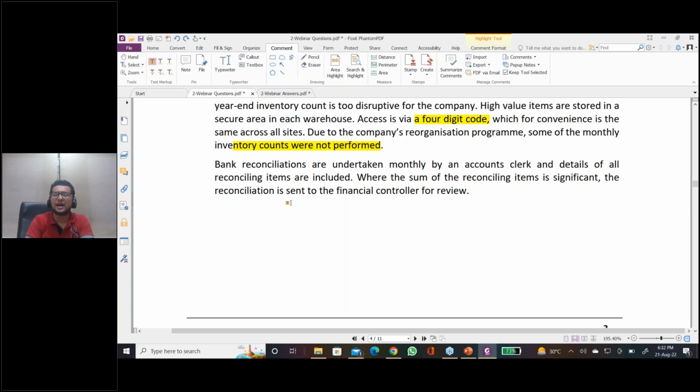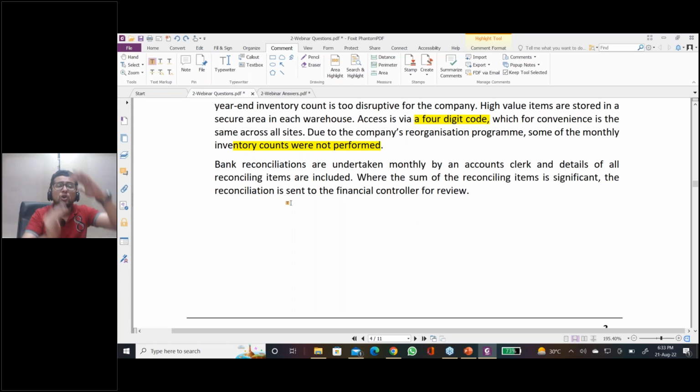Bank reconciliations are undertaken by the accounts clerk. No problem with that. If the reconciling items are significant, only then the report is sent to the financial controller. It means if the reconciling items are not significant, the financial controller will not perform the review. Well, that's poor. What if there are material misstatements?